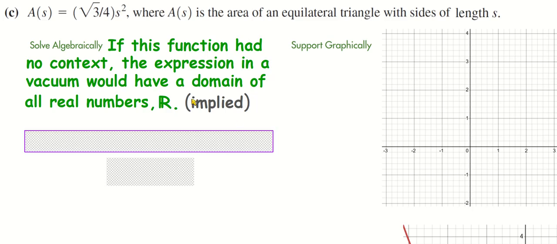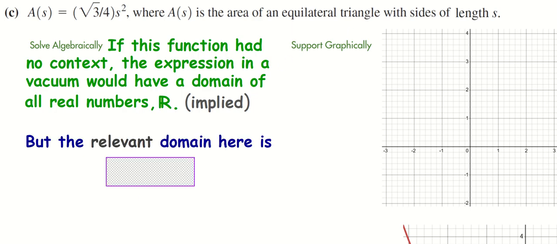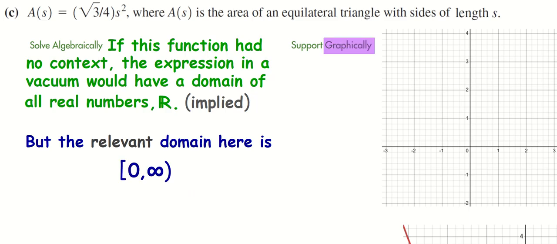So the implied domain is all real numbers, but again, this is an actual triangle. But the relevant domain here is, I guess you could even make it an argument, and I wouldn't argue with you too much, that you can't have a triangle where the side length is 0, then the triangle wouldn't exist, but whatever.